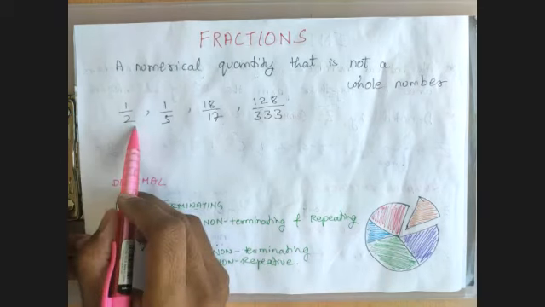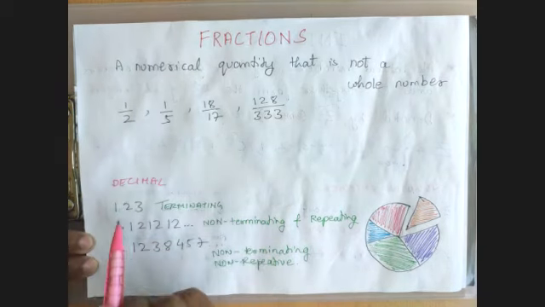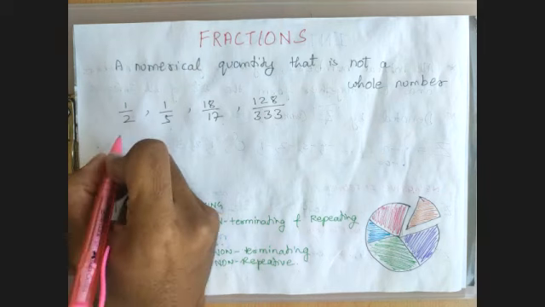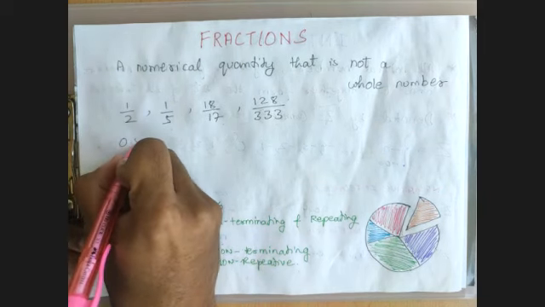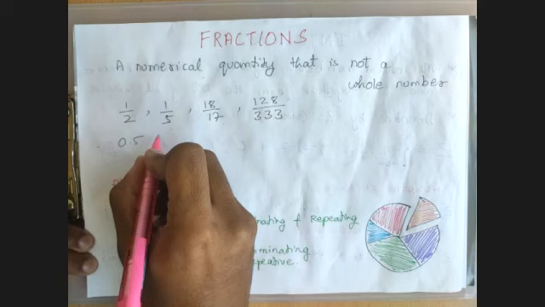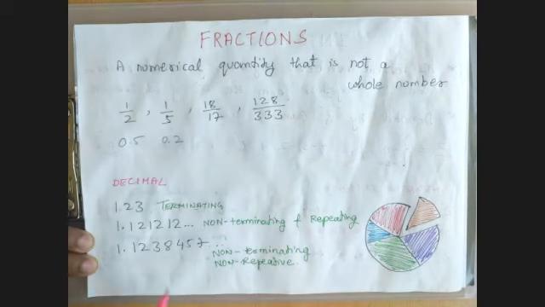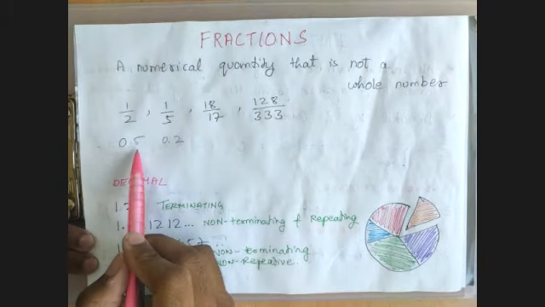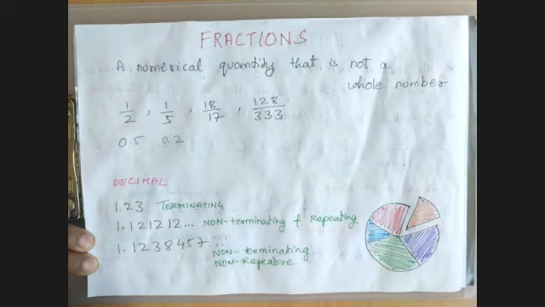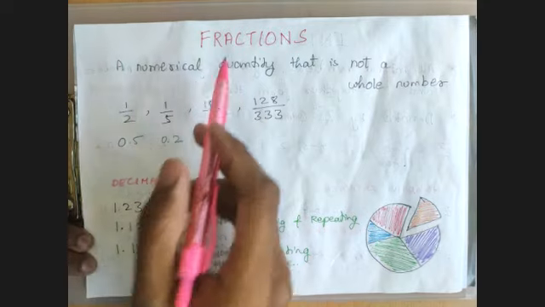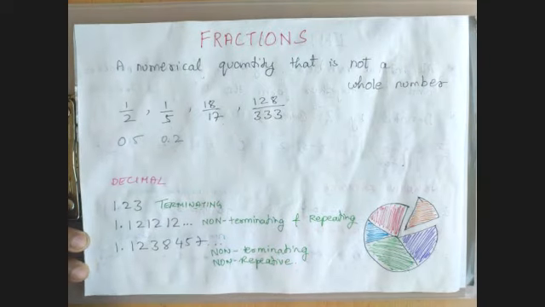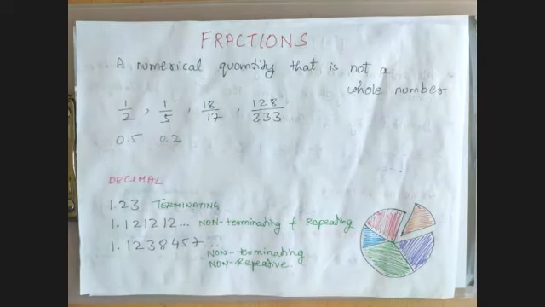These are fractions of a certain thing. 1 by 2 can also be expressed as 0.5. 1 by 5 can also be expressed as 0.2 and so on. So we can see that fractions can also be expressed as decimals. But not all decimals are fractions. To know this, we have to learn more about decimals.